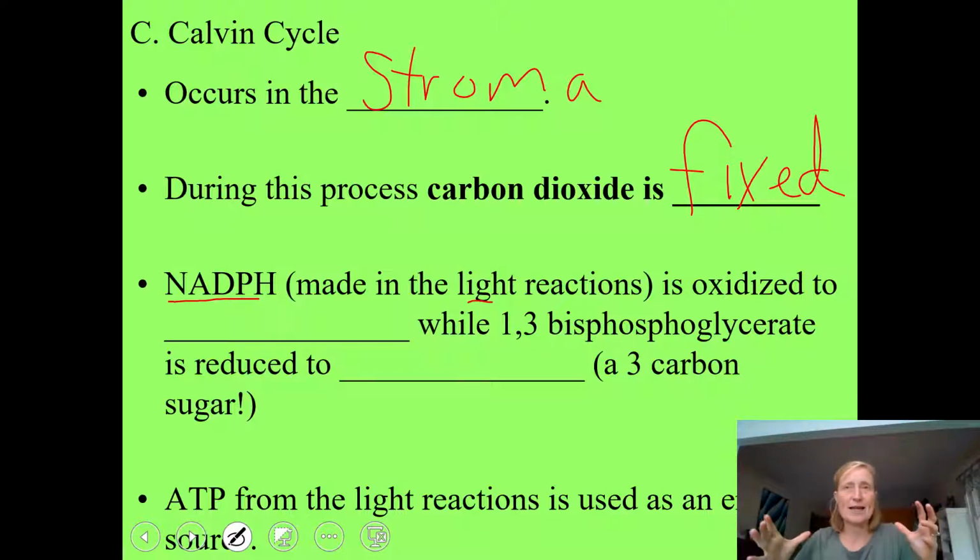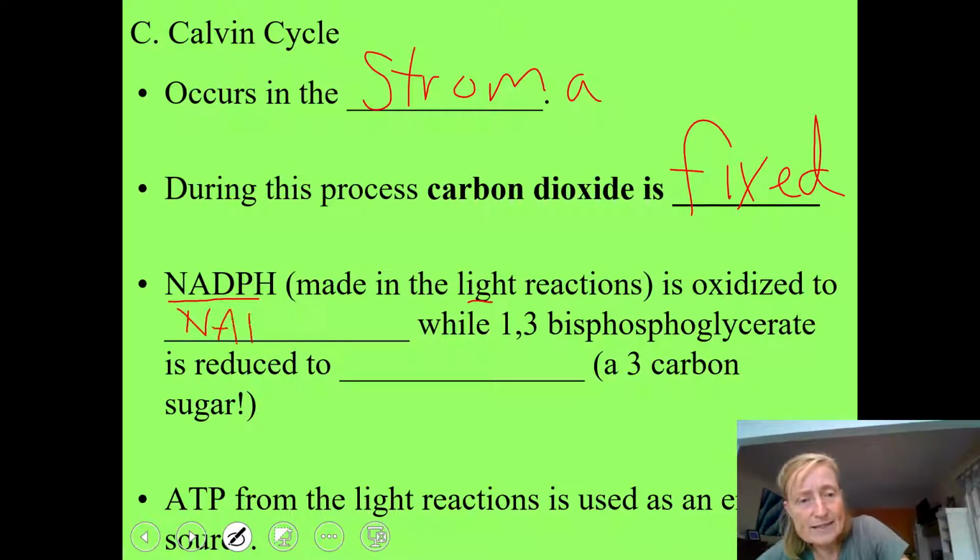NADPH is like a shuttler of high energy electrons. It is going to be able to donate electrons in a redox reaction. NADPH is oxidized. That means it loses electrons. It's oxidized to NADP+.